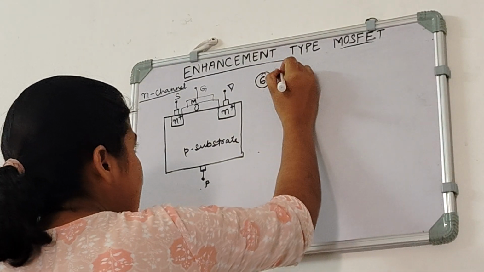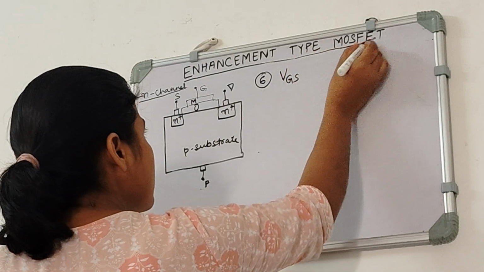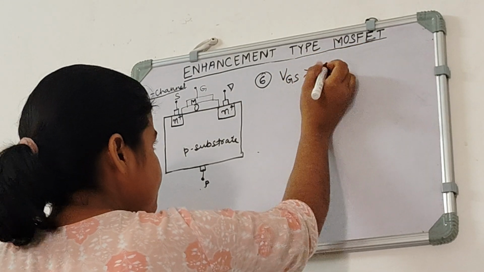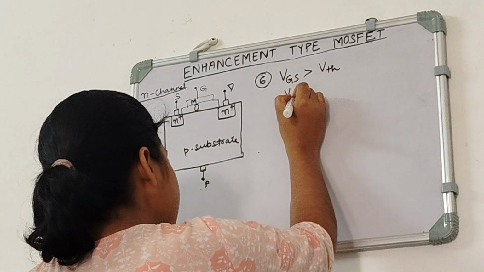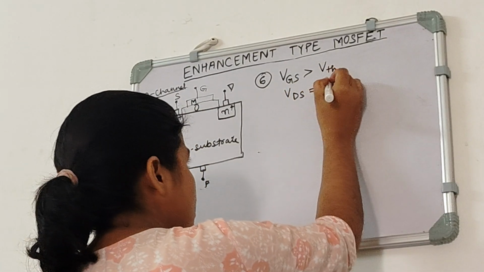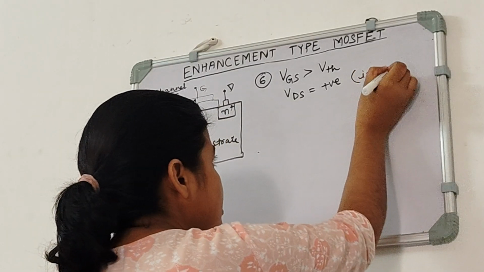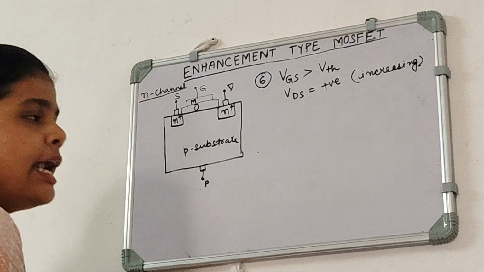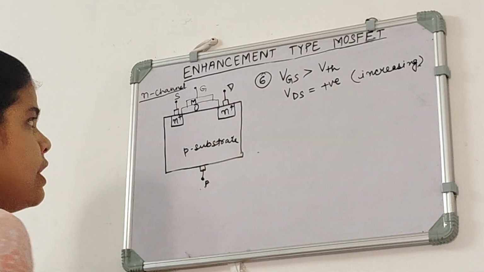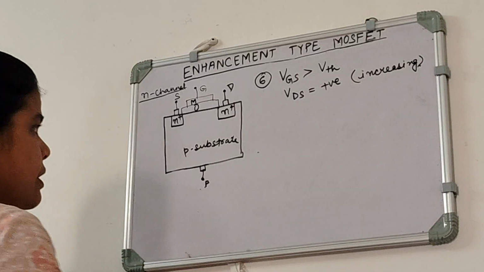Our sixth condition is that VGS is greater than VTH and VDS is positive, but it is increasing. That is, it is not fixed, it is increasing. In the fifth condition, we had our VDS positive, but it was fixed. In the sixth condition, we have VDS positive, but it is increasing.